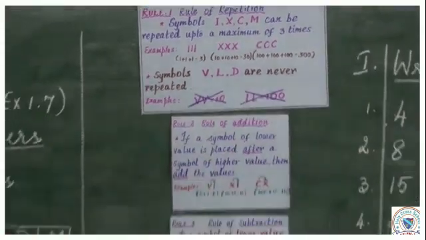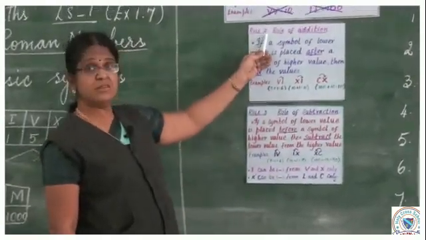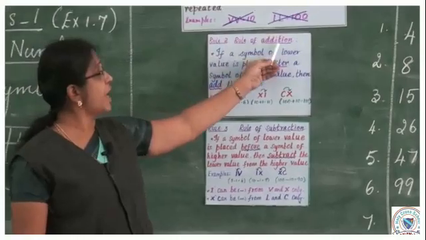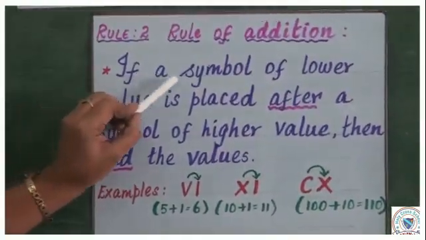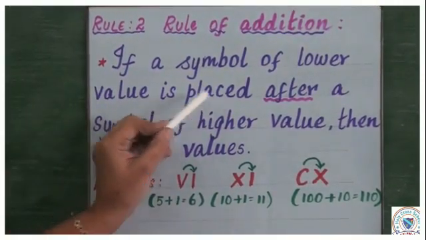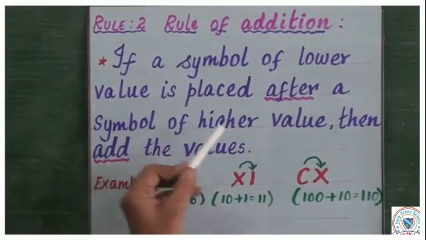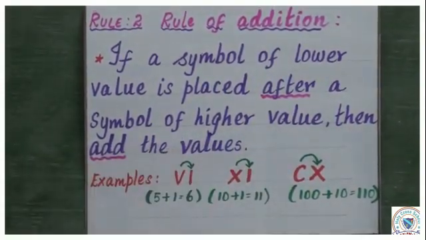Now, let us see the second rule. Second rule is Rule of Addition. If a symbol of lower value is placed after a symbol of higher value, then add the values.